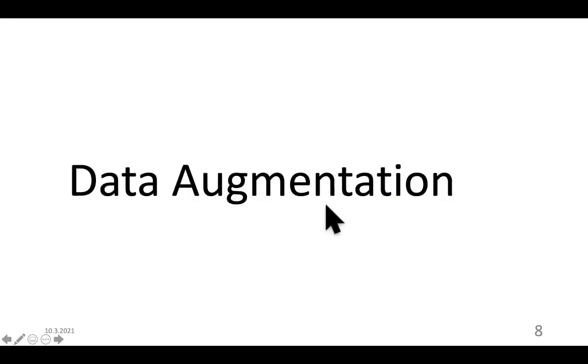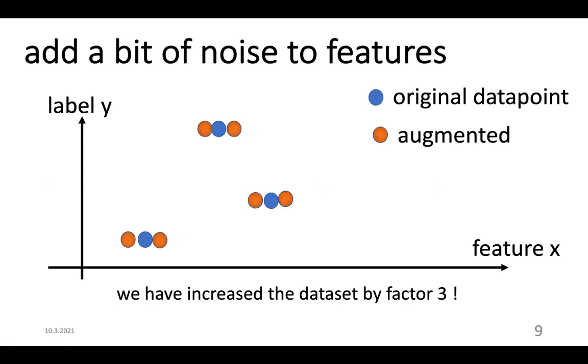So a cheaper way is called data augmentation. A cheaper way to get more data without having somebody label data points. And the idea is as follows. In many real world applications, we have some invariances in the data, or I also call them symmetries.